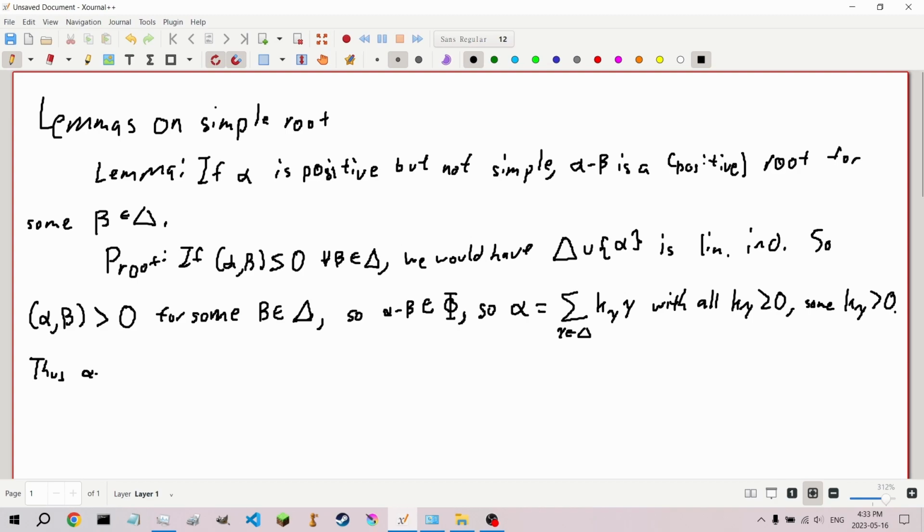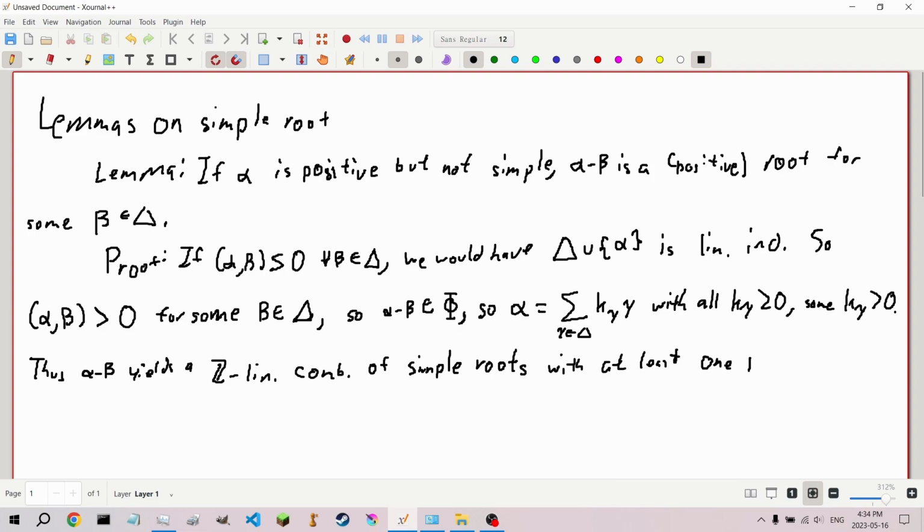This alpha minus beta yields an integer linear combination of simple roots with at least one positive coefficient.